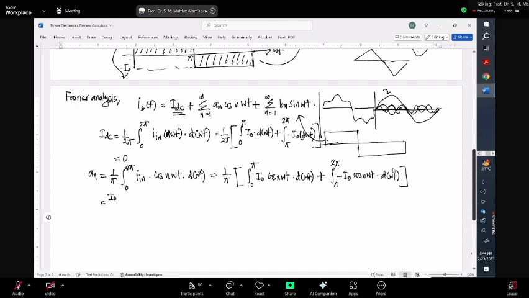We can write it as I naught over pi, then from 0 to pi, cos n omega t multiplied by d of omega t, minus, since you have a minus here, from pi to 2 pi, cos n omega t multiplied by d of omega t. So it should be I naught over pi. Then what is the integration of cos n omega t?